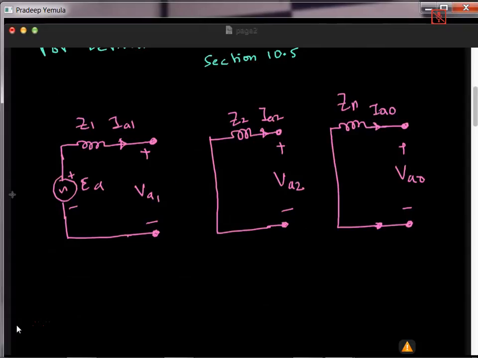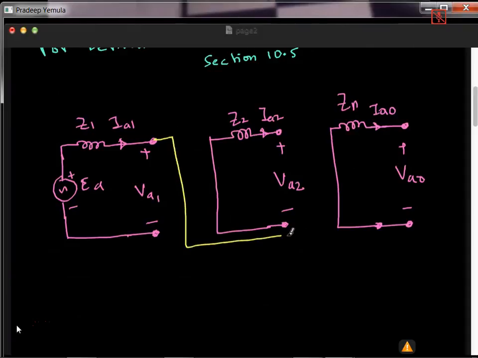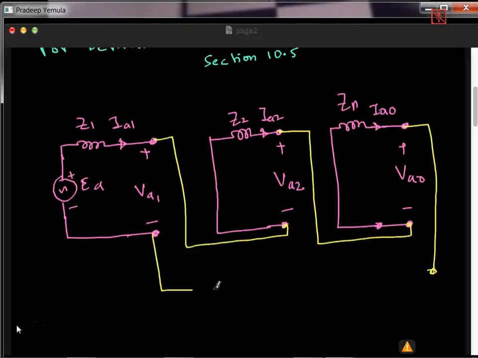So how to connect all the three networks in series? You already know. How to connect these two in series? This point you bring it here. So this is connected in series. Then this point you bring it here. And finally this point you bring it outside and this point you bring it outside.